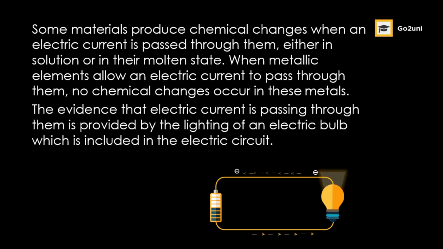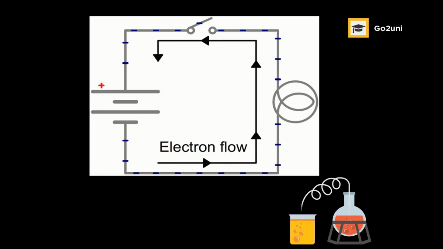So when we have an electric bulb, for example, connected to the electric circuit, as electricity or the fast moving electrons flow through these rods or wires, we can confirm that current is flowing through the metallic conductor as the bulb glows. So that is actually a confirmation. But in terms of chemical changes, no chemical change is observed when electricity flows through these conductors.